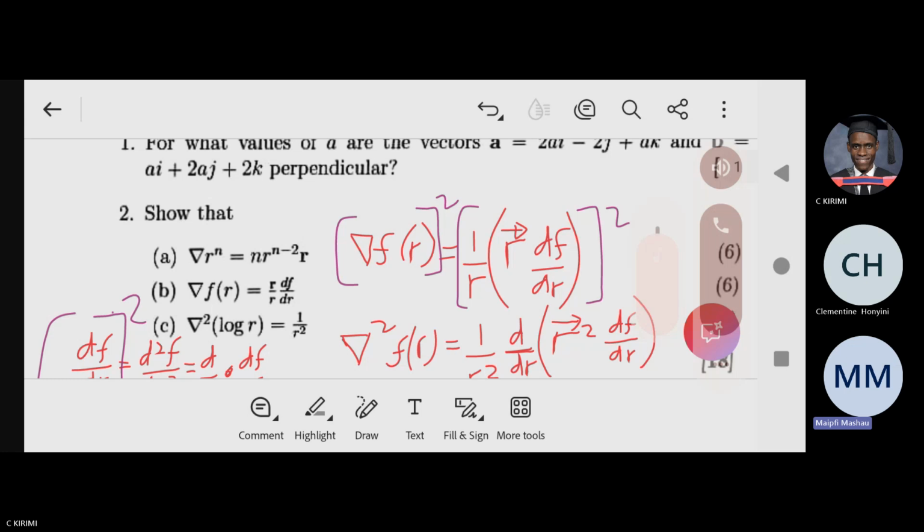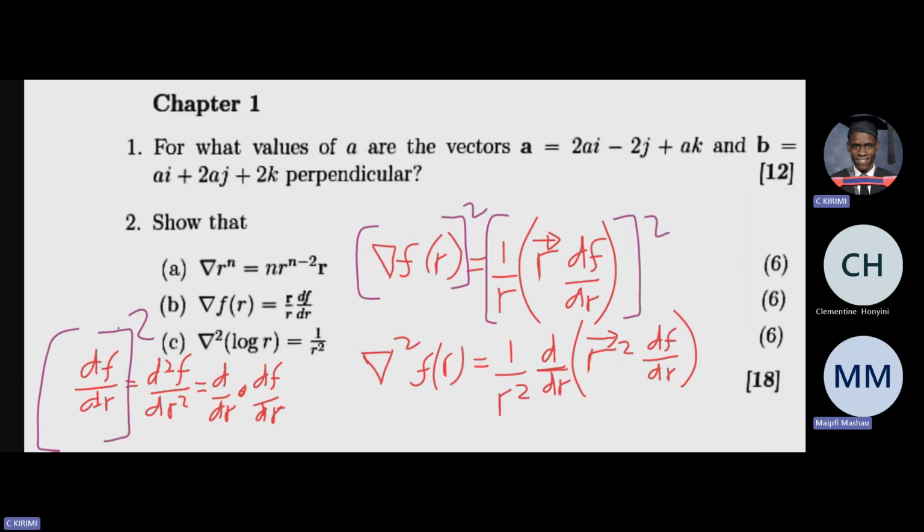So I was saying how I understood it. You squared the r, the vector, and you also squared the df/dr.